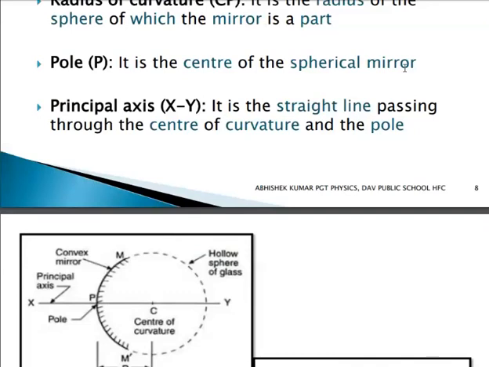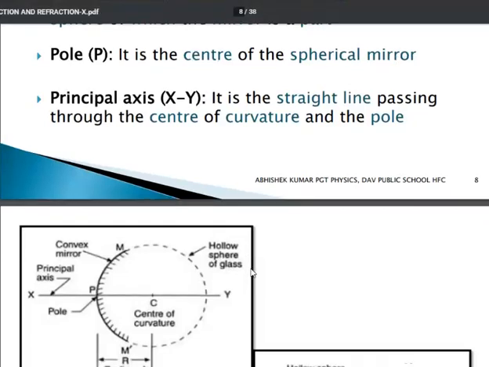It means if you take a spherical mirror and you drop a round ball on this spherical surface, you will see that this ball will come to rest at a point exactly in the central point. That is called pole.